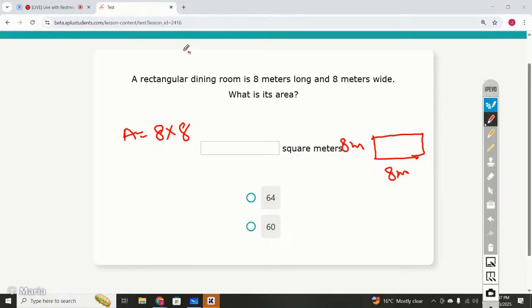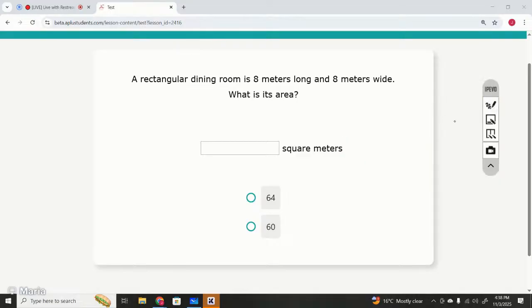So which is the correct option? That is 64. Option number 1 is the correct option.